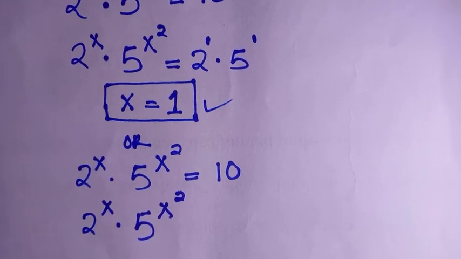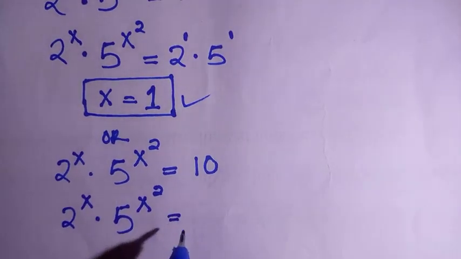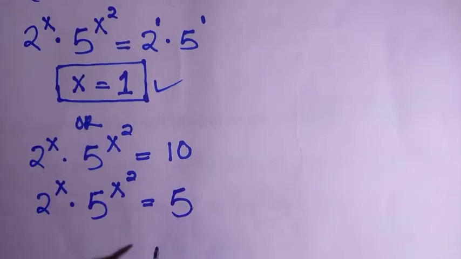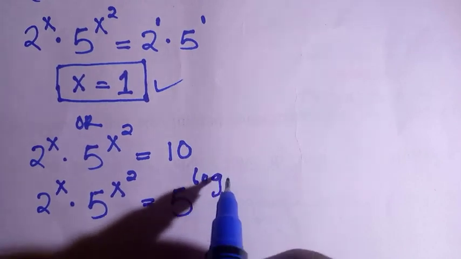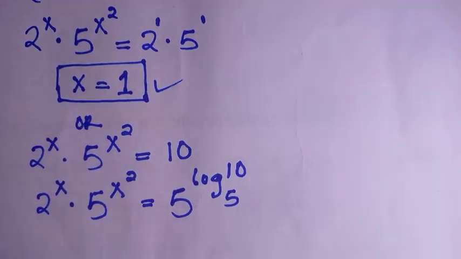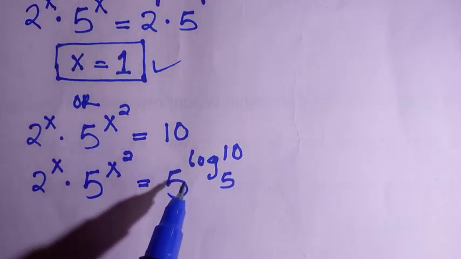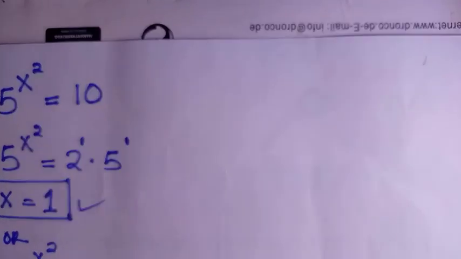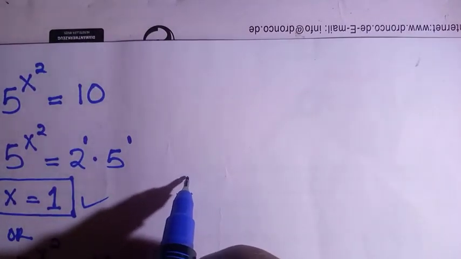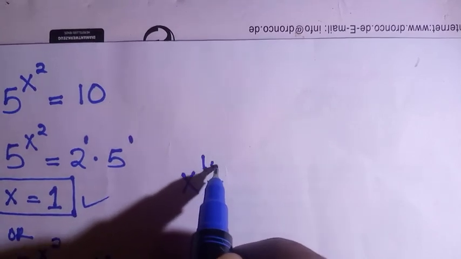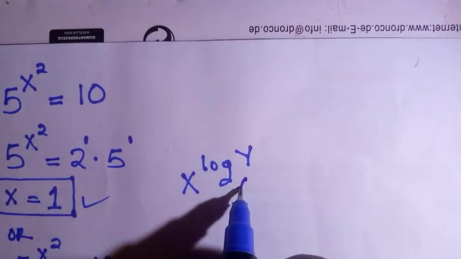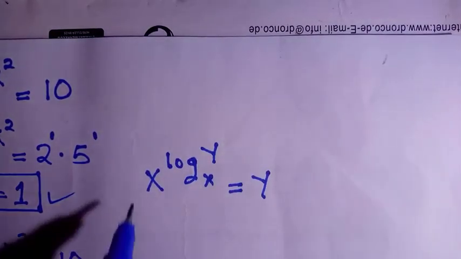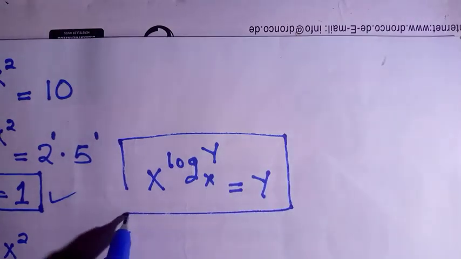If I apply the rules of logarithm, I raise this 5 to log of 10 base 5. I'm using 5 because it gives the result that I want, and this is from the rule: if x is raised to the power of log y base x, the result is y. That was what I applied in the last line.